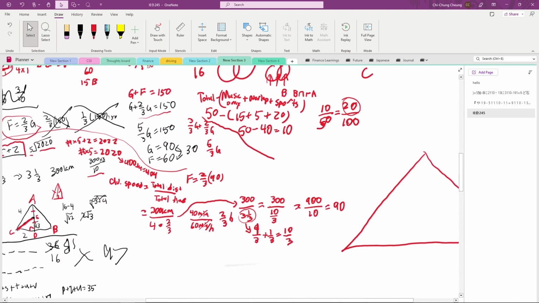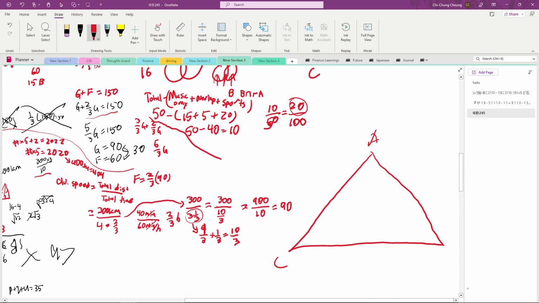A, C, D, B. E. So I know this and this are equal, and this and this are equal, right? Okay. So we want to find this. And the square root of that. Okay, now we're good. So let's start drawing.